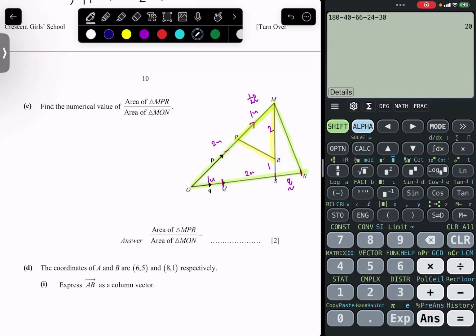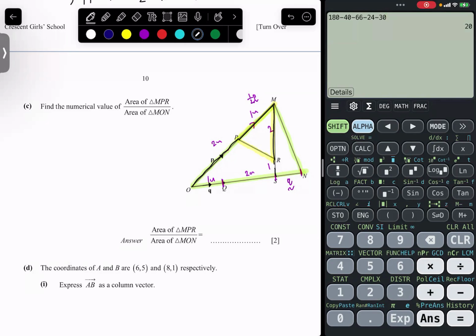Let's just say that we take these triangles, PMR versus OMS. The area of a triangle can be found in ways such as having a common base, common height or common angle. In this case, I will use the common angle.